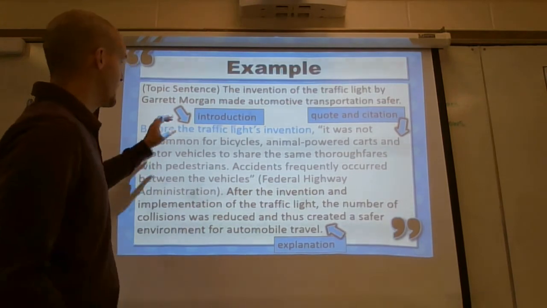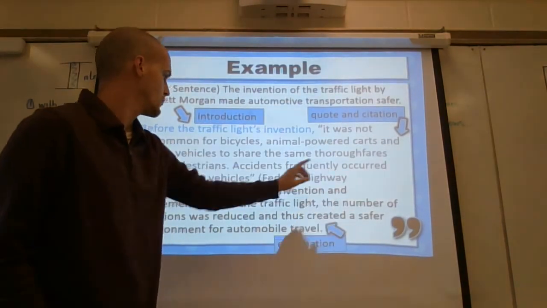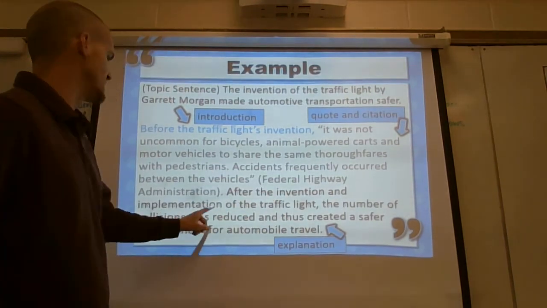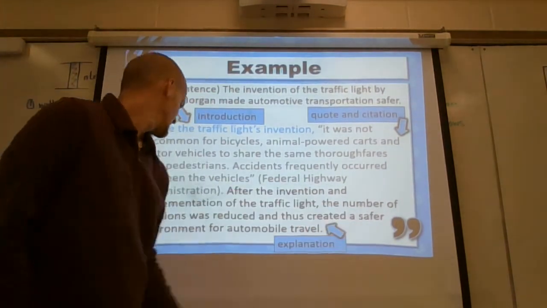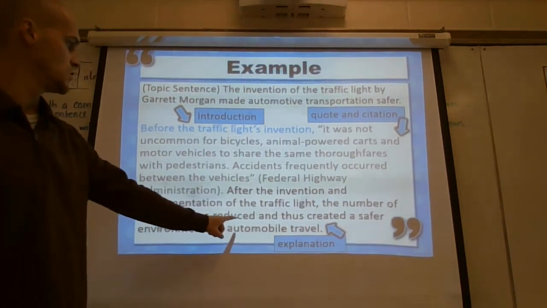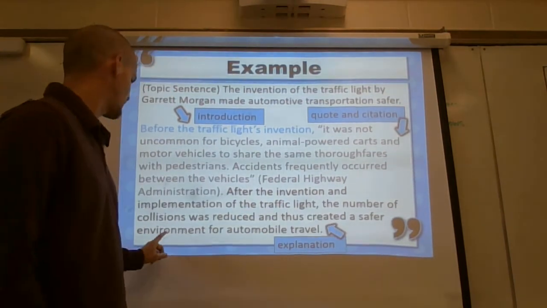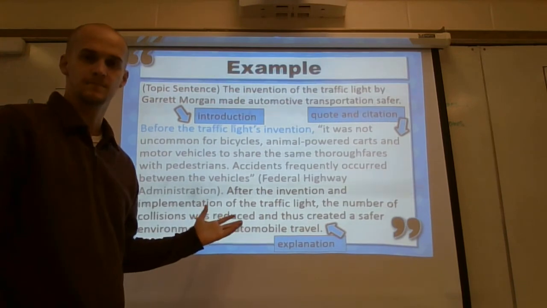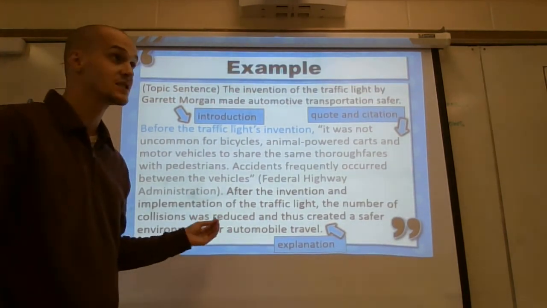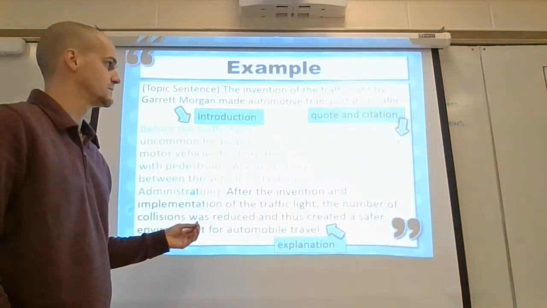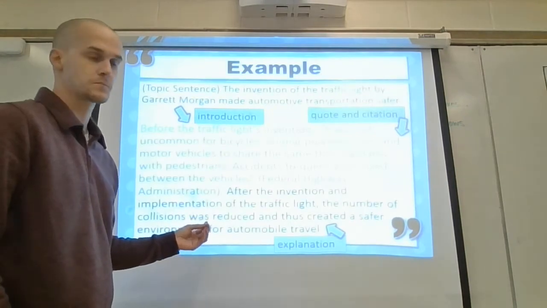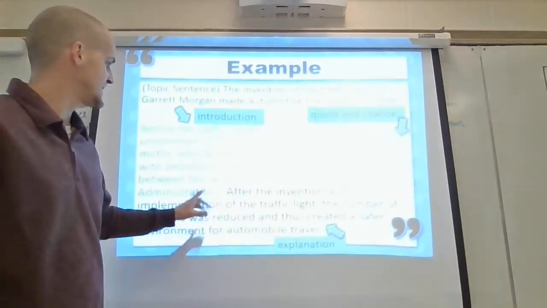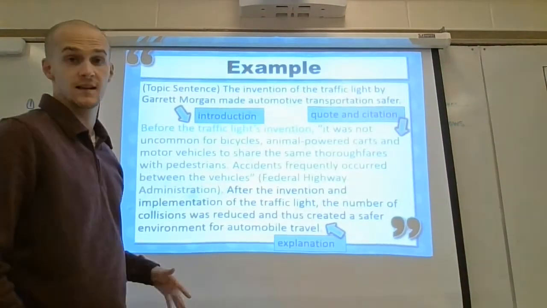Okay, so you have introduction, quote, citation. After the invention and implementation of the traffic light, the number of collisions was reduced and thus created a safer environment for automobile travel. Explanation. Speaking is hard. So you can see introduction, the quote, the citation, and the explanation all right there.